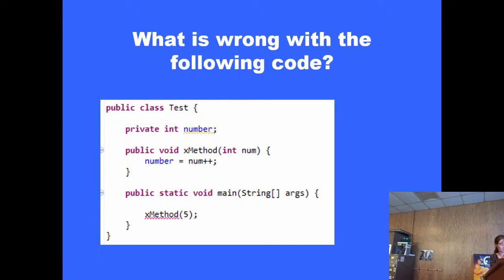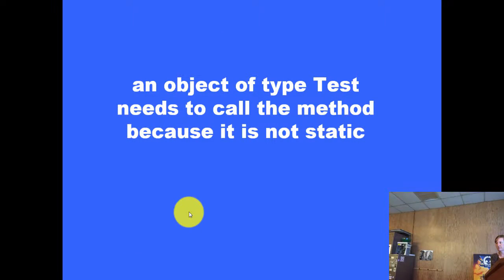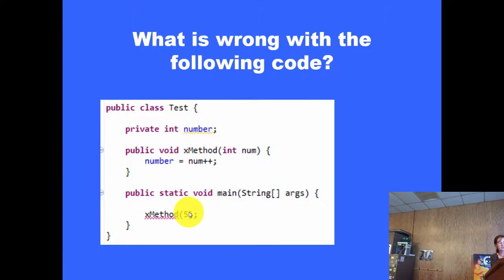So replace public void with private? No, you have to make an object inside of main. So you would put Test myTest equals new Test, and then myTest.xMethod. So you have to run a test for it.